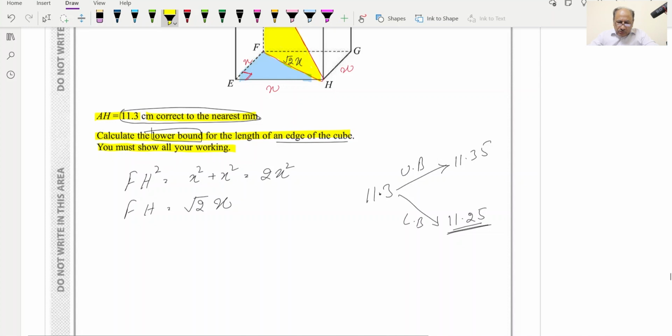This is basically the triangle which we are considering. Base is 2x, 2 under root x, and the hypotenuse is x.